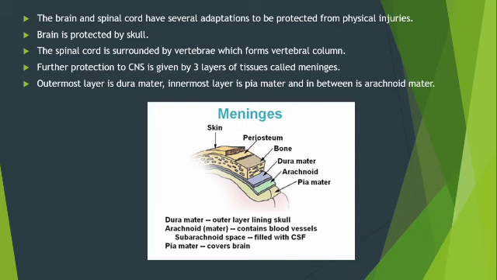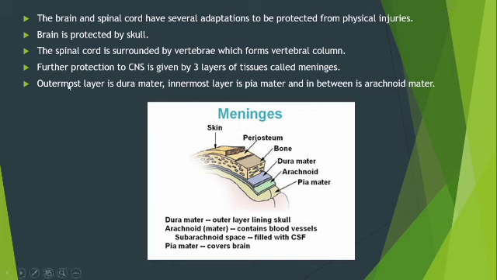The brain and the spinal cord have several adaptations to be protected from physical injuries. The brain is protected by the bony skull, and the spinal cord is surrounded by vertebrae, which form the vertebral column. Further protection to the central nervous system is given by three layers of tissues called meninges.